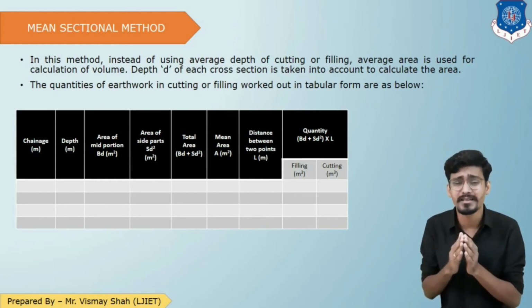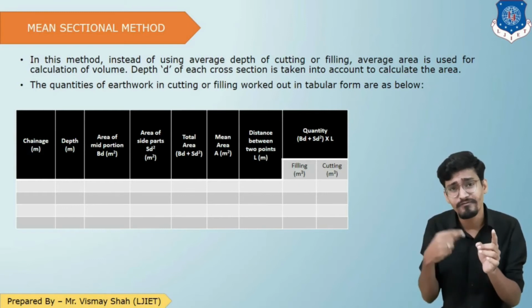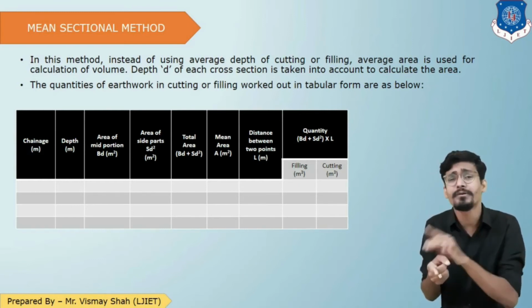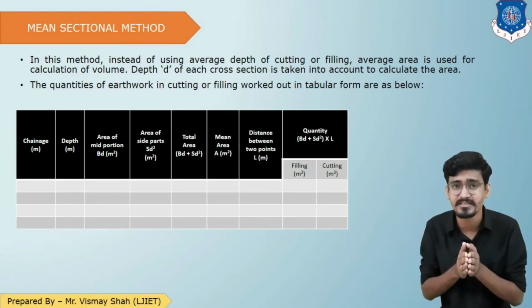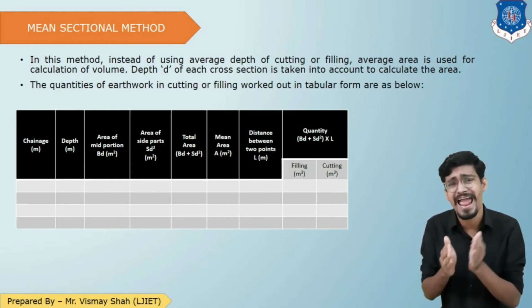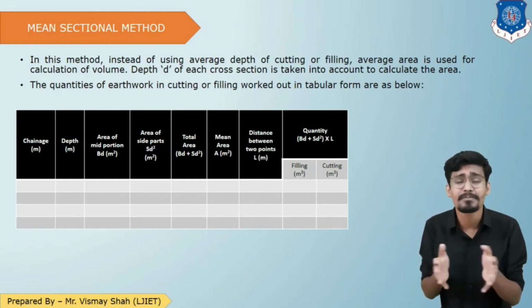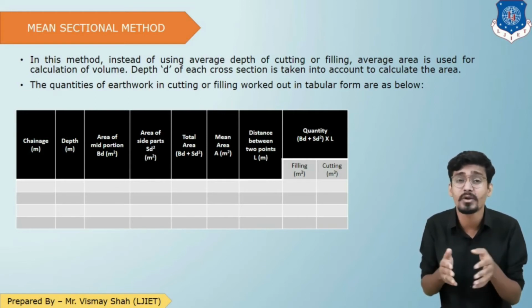In the mean sectional method, after finding the depth, first you find the area and then you take the average area of two successive chainage points. I hope you are clear on the difference between the mid-sectional method and the mean sectional method. Sometimes the question asks to calculate the quantity from both methods.